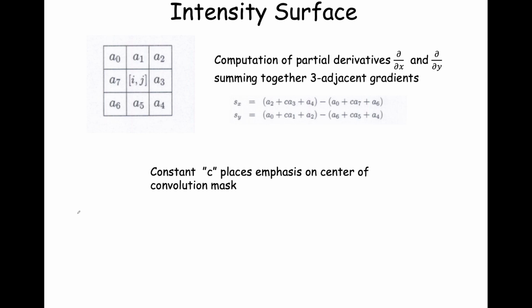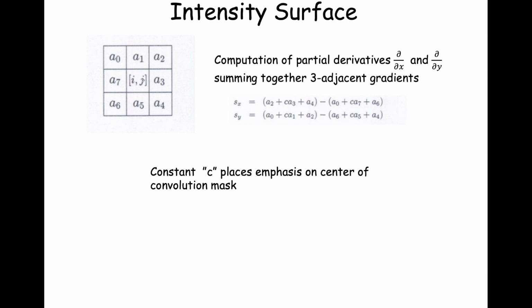And these give us the computation of the partial derivatives, both along the x image coordinate direction, the x scan line, and the y scan line in the y direction in image coordinates. And so what we do here in this mask, it's 3 by 3, and we can think of it in 2 different ways based on the algebra that we perform with respect to the values associated with these weights and their position on the intensity surface.